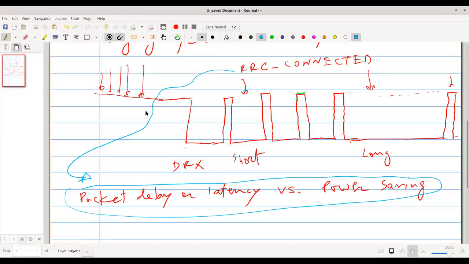This timer period is also set by the eNodeB. The length of short DRX cycles and long DRX cycles are set by the eNodeB. My book explains which parameters are used for this sort of setting, and how many short DRX cycles you need to run before you trigger the long DRX cycles.